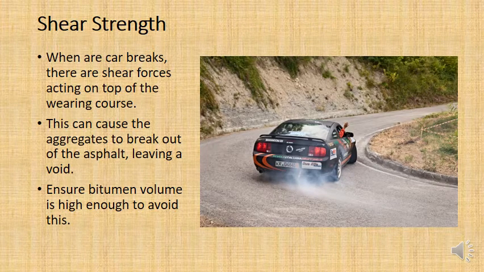So, shear strength, this has to do with cars braking suddenly. So look at that car there skidding around the surface, around the corner. What's happening between the back tyre there and the road surface? What kind of force is being applied? Well, it's actually a shear force.